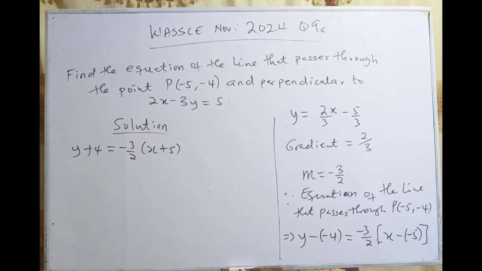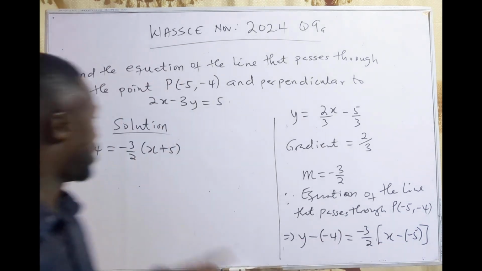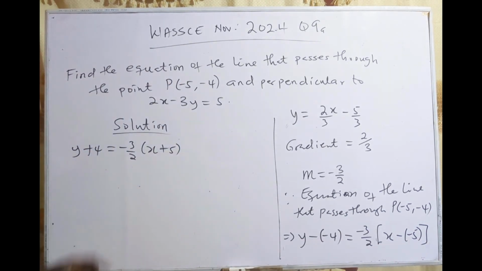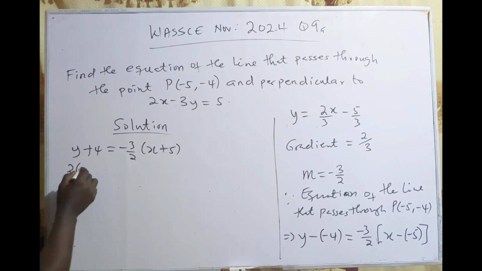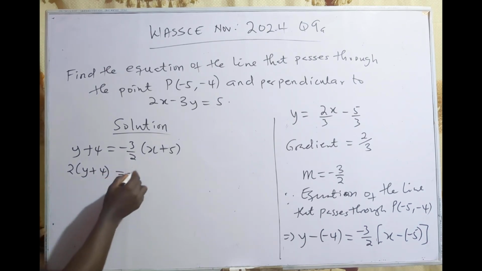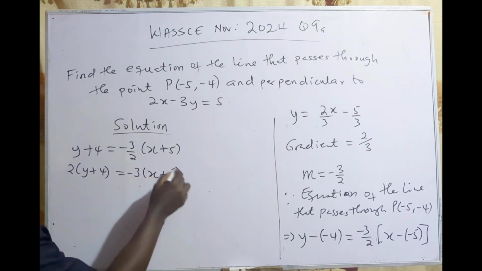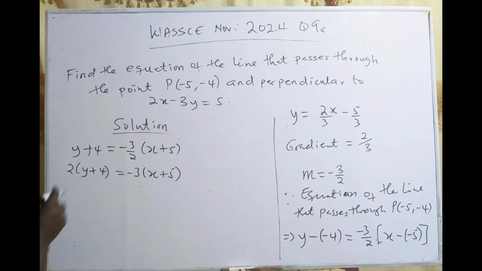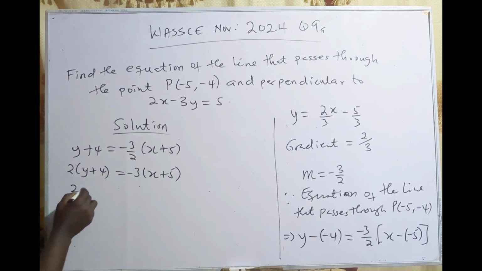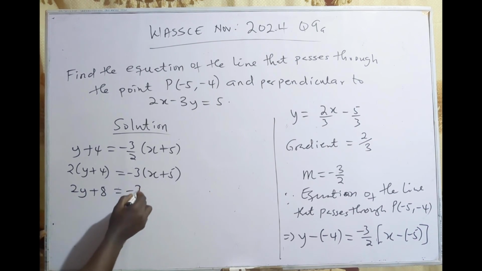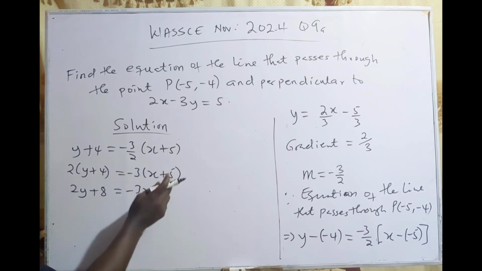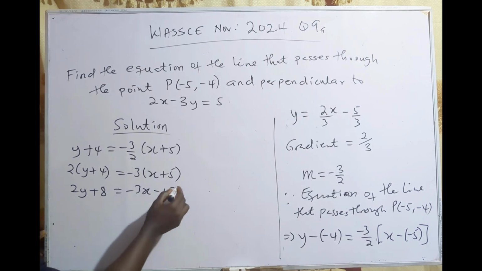I am going to multiply through by the 2 here, so 2 multiplying y plus 4 equals -3 multiplying x plus 5. So 2 times y gives 2y, 2 times 4 is 8, minus 3 times x is minus 3x, and minus 3 times 5 is minus 15.